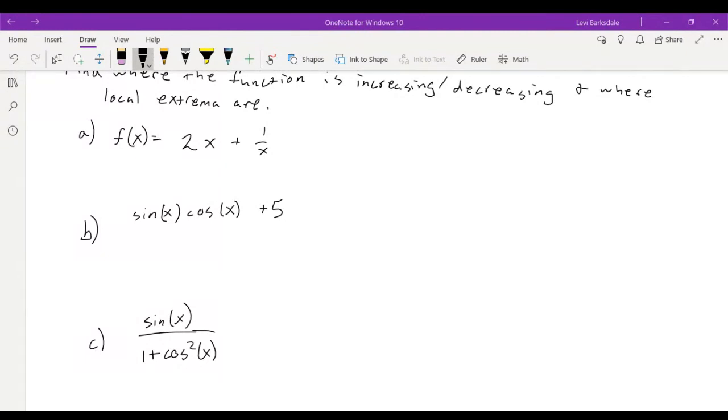For sake of time, I think I'll probably only end up going over one of them, so I'll let you choose which one I go over.